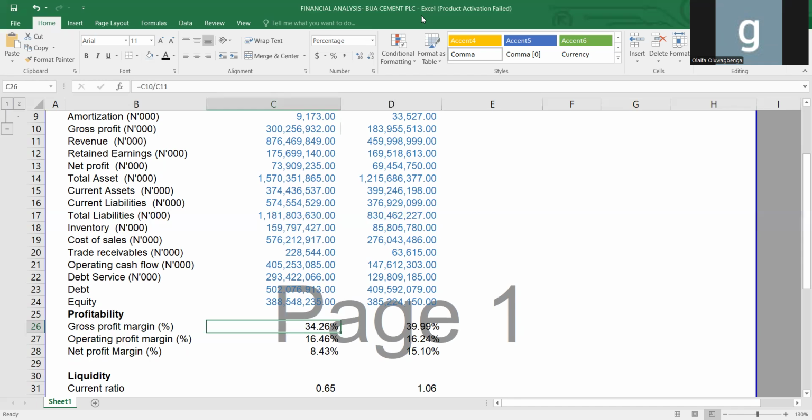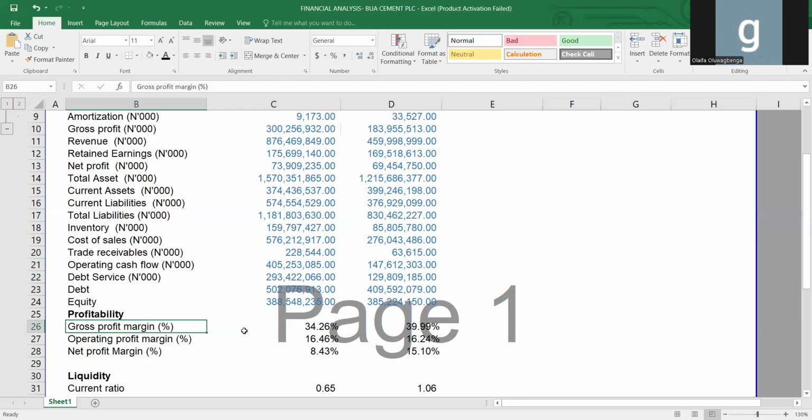But in applying the Goal Seek function, first of all, there must be an interconnection, a connection between the formulas being used to derive these metrics.